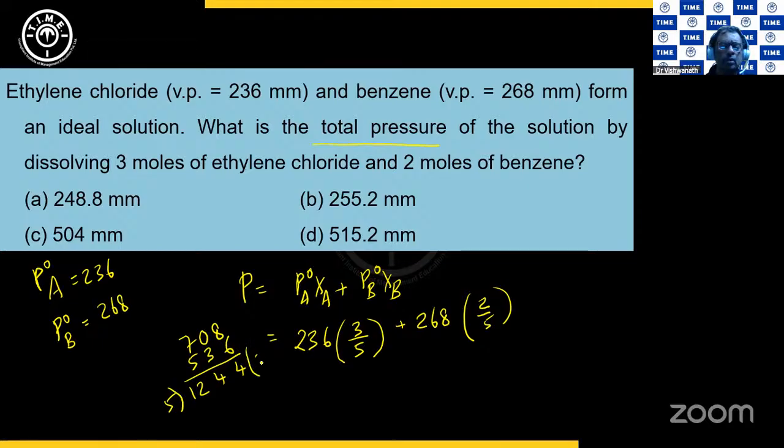So 5 2s are 10, 24, 5 4s are 20. Then I've got the answer. So A is the answer, correct? Even without looking at the remaining things, because it is 255, 504, 515, this will give you 248.8. So we have got the answer even before doing a full calculation.